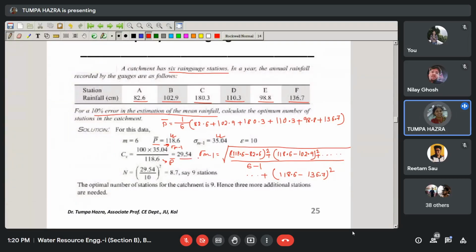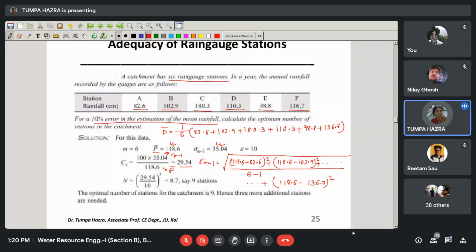Now the allowable error is 10%, so your optimal number of rain gauge stations is equal to (29.54 by 10) whole square. That is 8.7, and you will go to the higher integer number. So your rain gauge station requirement is 9.